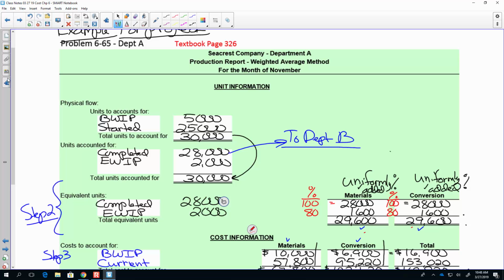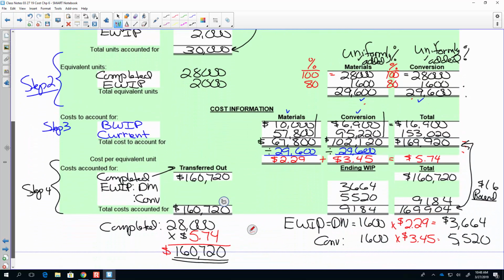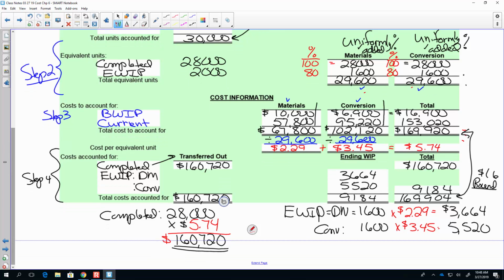All right. So we got through Department A. Just as a review, remember step 3 here. That's kind of where we left off on our last problem. We came up with our cost per equivalent units, 229, 345, added them together to get a total. And also, this is weighted average, so we combine beginning cost with current to get our cost per unit.